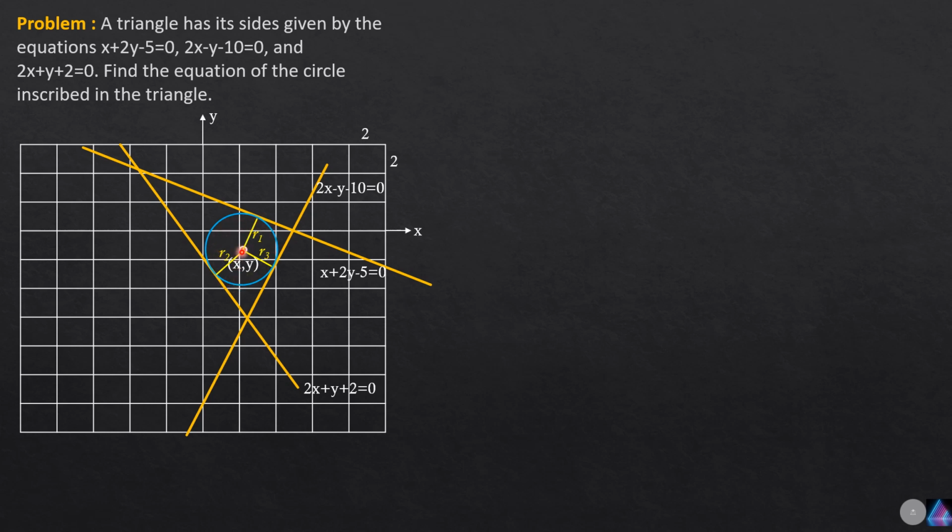So this formula, distance equals r also in this problem, is plus or minus quantity ax1 plus by1 plus c over plus or minus square root of a square plus b square.